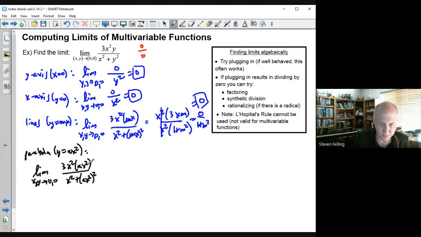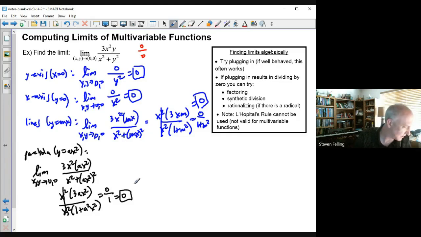So let's see, I'm going to be able to factor, I think, just an x squared out. Let's take an x squared out on the top, and I'll have 3ax squared left. And then if I take the x squared out on the bottom, I'll have 1 plus a squared x squared. Right, so this cancels. And if I take the limit and I plug a 0 in here, I'm going to get 0 on the top and 1 on the bottom, which is 0 again. And that means that, okay, I keep getting 0.